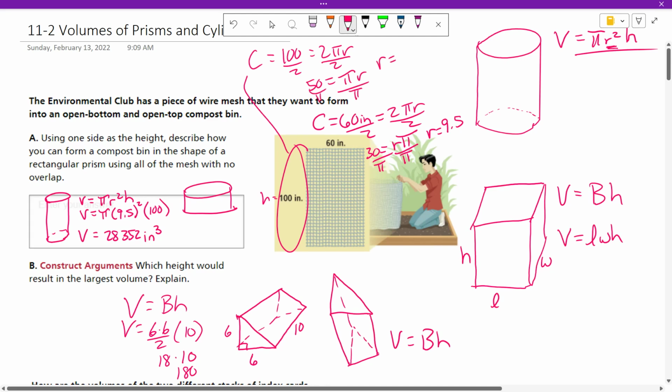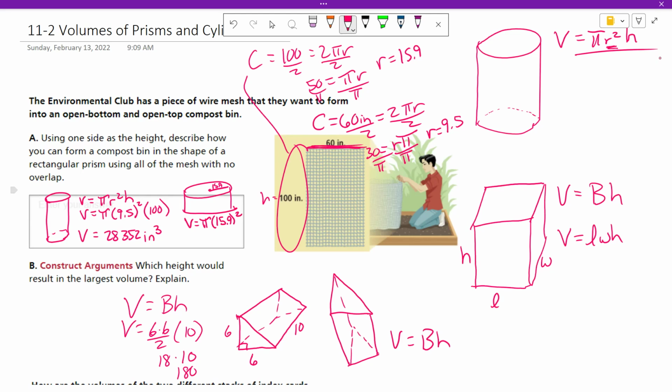What does the radius equal? Radius equals 15.9. So the volume equals pi r squared times the height. Well, the height would be this one now, 60. What's the volume of the short fat one?